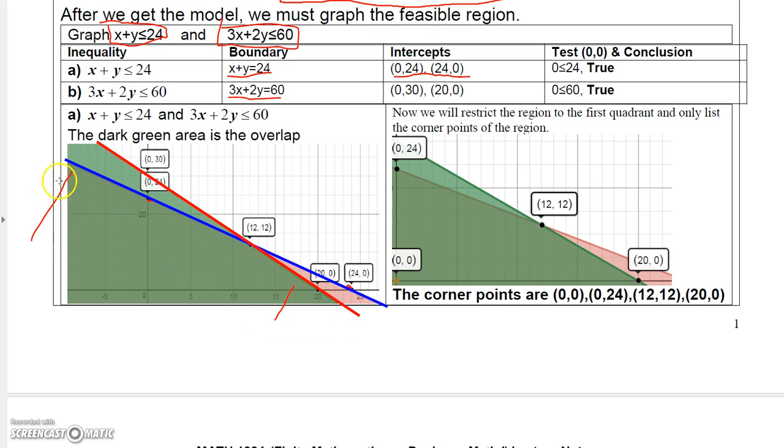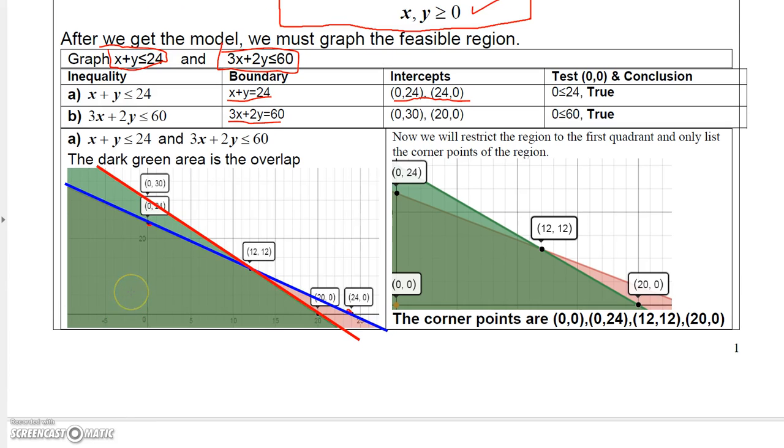Get rid of some of this stuff. Okay, so what you're going to get is you're going to be bounded here by the blue line, and then right here where the lines intersect, it's going to change boundaries, and you're going to be bounded by the red line. And then you're going to have everything below those two boundaries as your region.